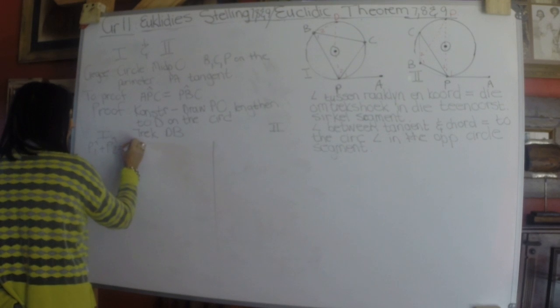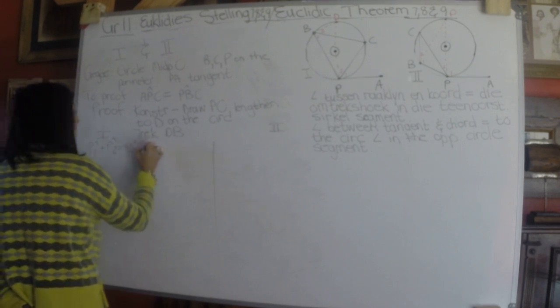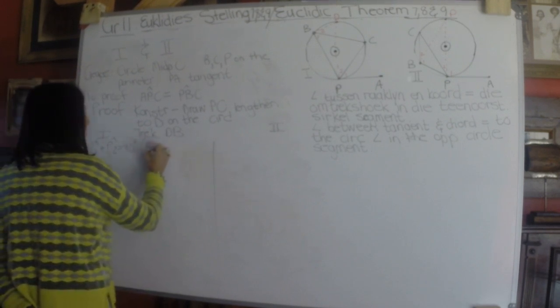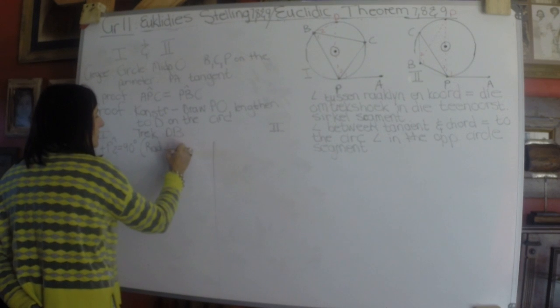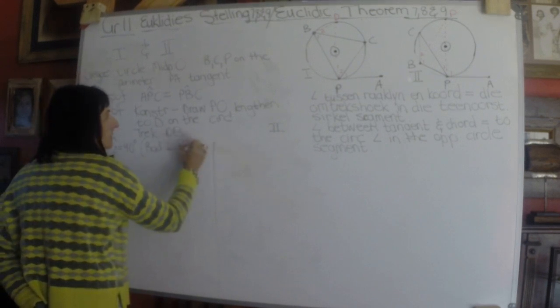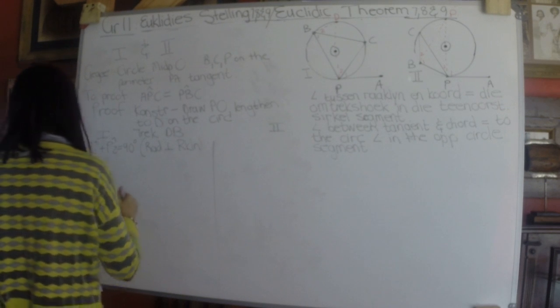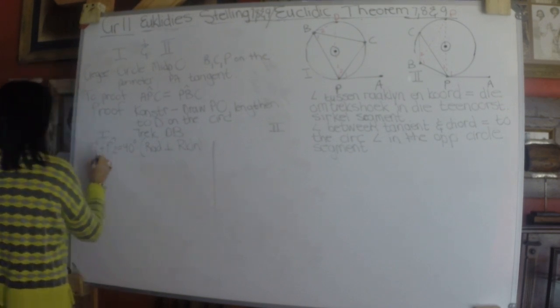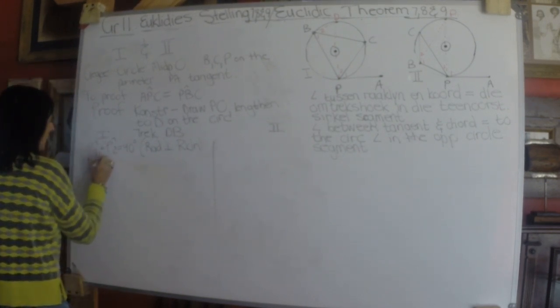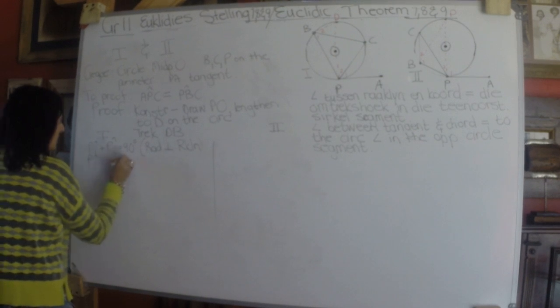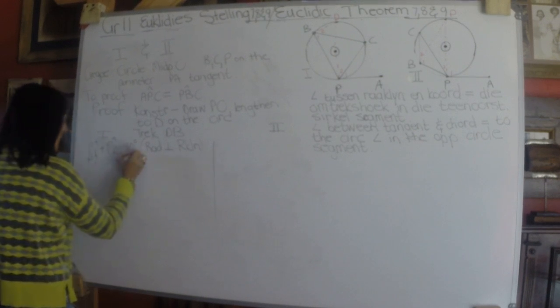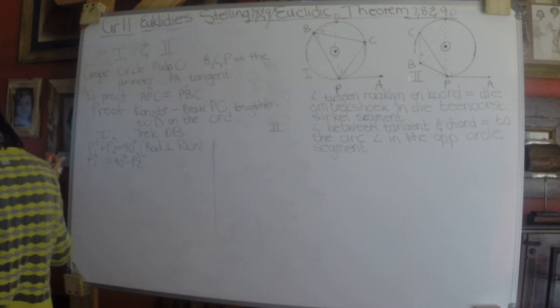And the reason for that is tangent line, radius perpendicular to the tangent. Okay, so then P1 must equal 90 degrees minus P2, just bringing that P2 to the other side of the equals sign.